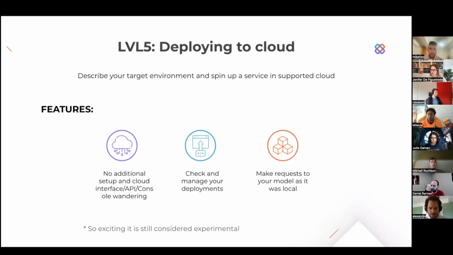Next level is the most exciting. It's deploying to cloud. So basically you describe your target environment, for example, your account in some cloud platform, and with one API or CLI call, we will spin up serving in this cloud in your account.